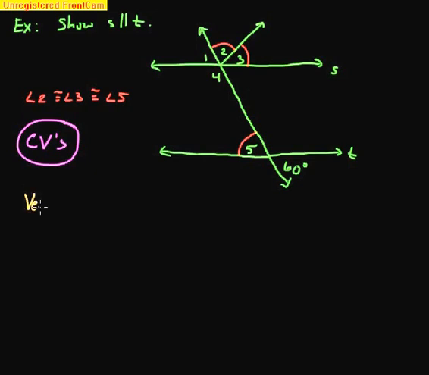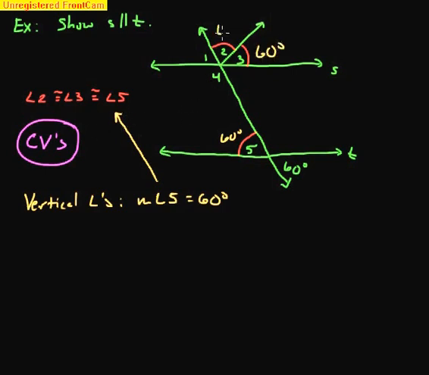So because of vertical angles, the measure of angle 5 is also 60 degrees, right? Because vertical angles are congruent, so their measures are equal. So this is 60. But then look up here. All of those angles are congruent. So that means that this is 60 and this is 60.